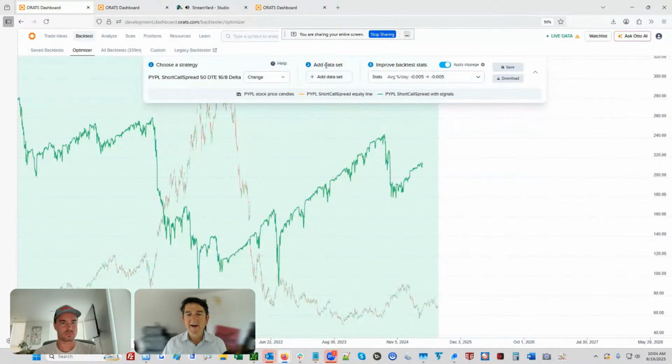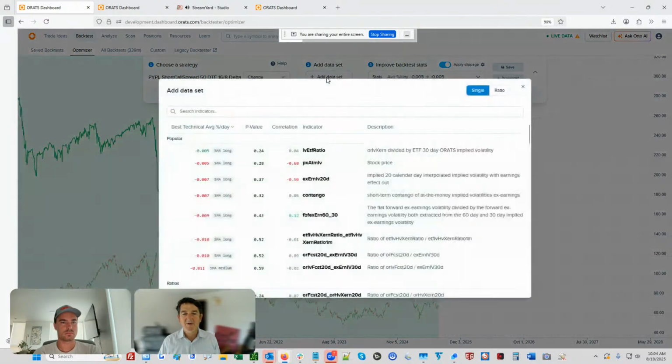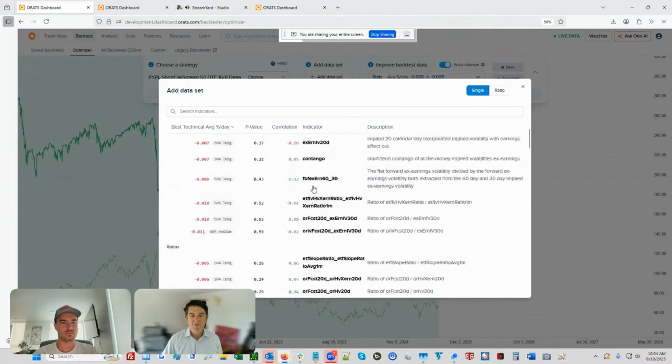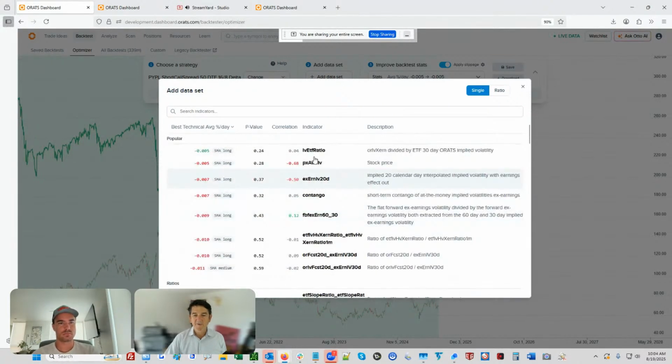We want to add a data set. What this data set will do is calculate what would have happened, looking at all these indicators. I know I'm scrolling fast just to show you the number of them, but we put what we think are the most popular or best ones up top. The top one right now is IV ETF ratio.